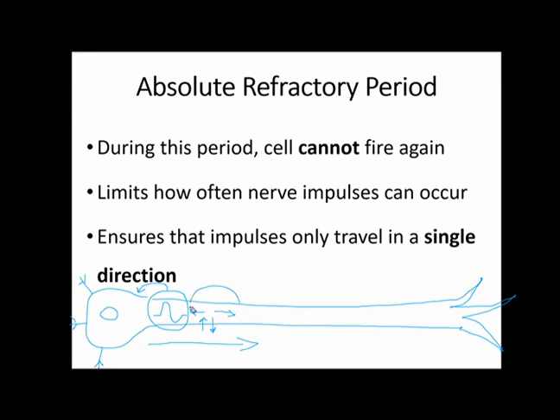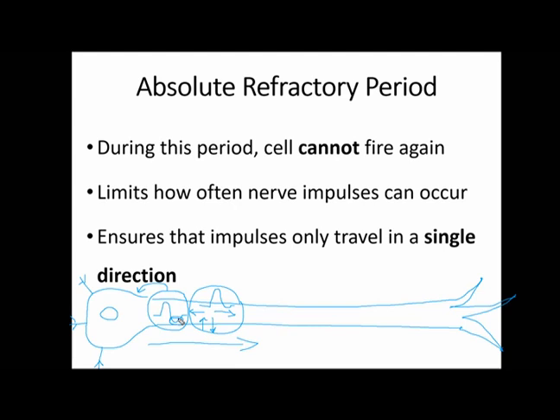If we have a new action potential happening in this section, and the sodium ions coming in flow backwards, that change in charge can stimulate or cause an action potential. But if this section just had an action potential, and it's in its absolute refractory period, then it doesn't matter if those sodium ions are traveling into this area.